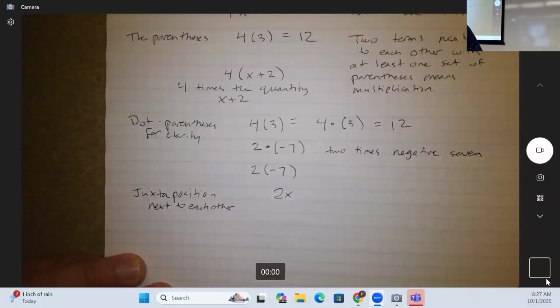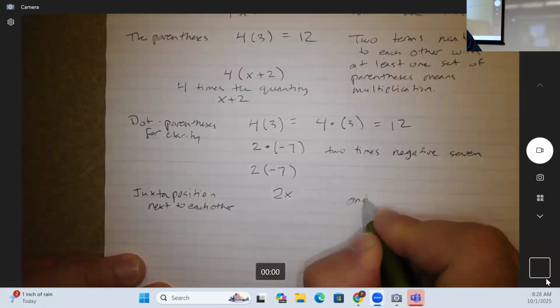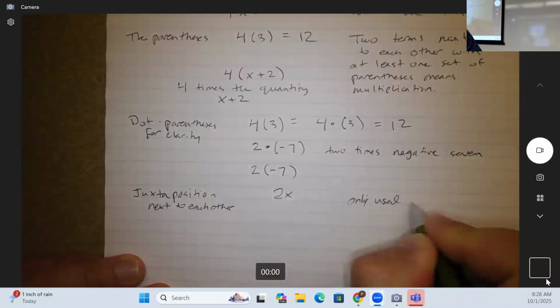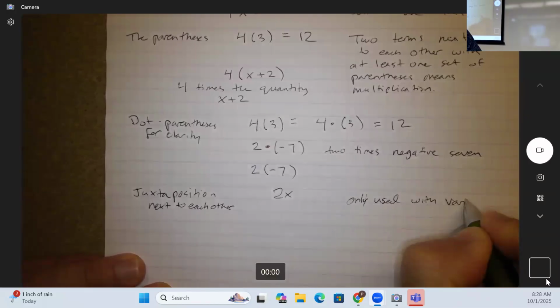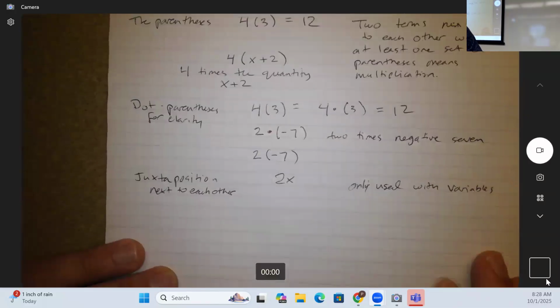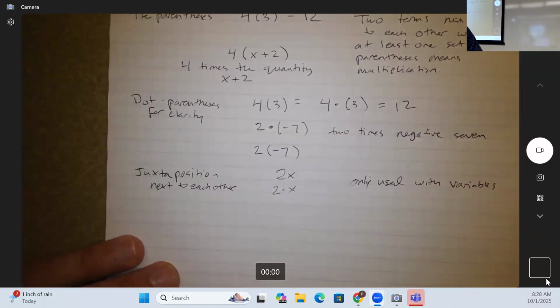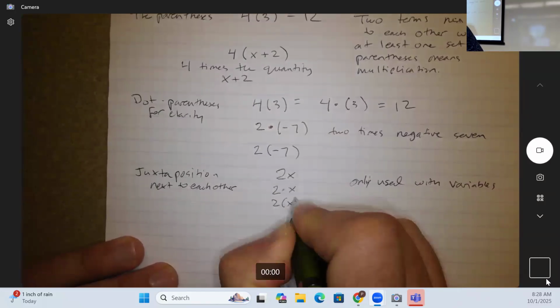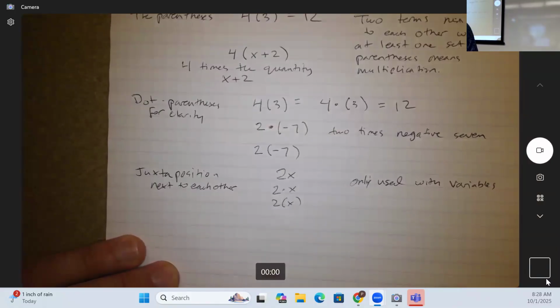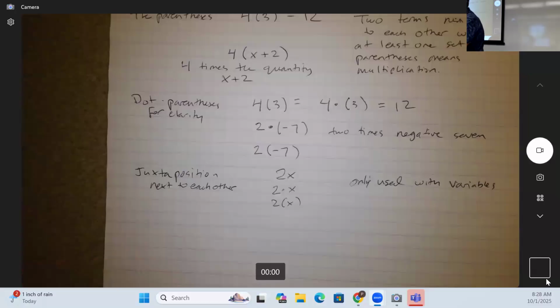It's really only used for variables. 2x is 2 times x, or 2 parentheses x. Or if you really want to confuse someone, 2x, multiplication symbol x, letter x, which I won't even write down.